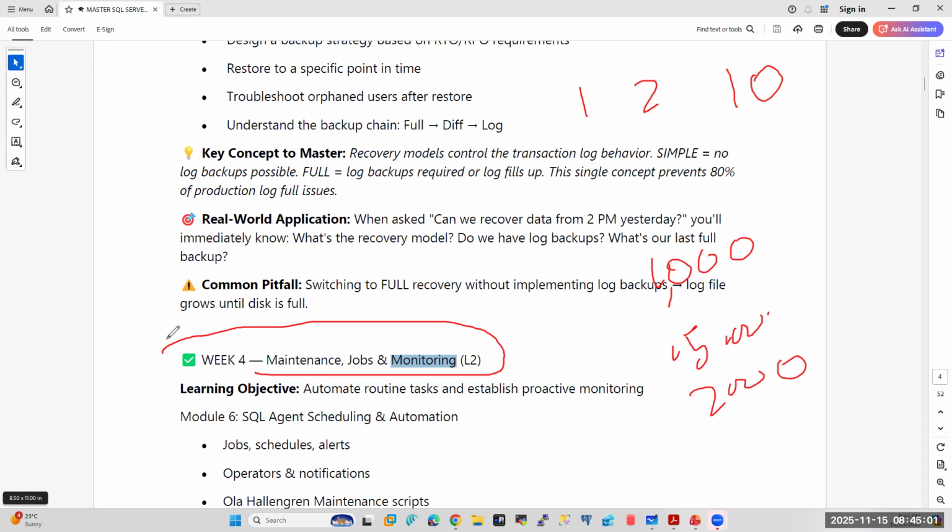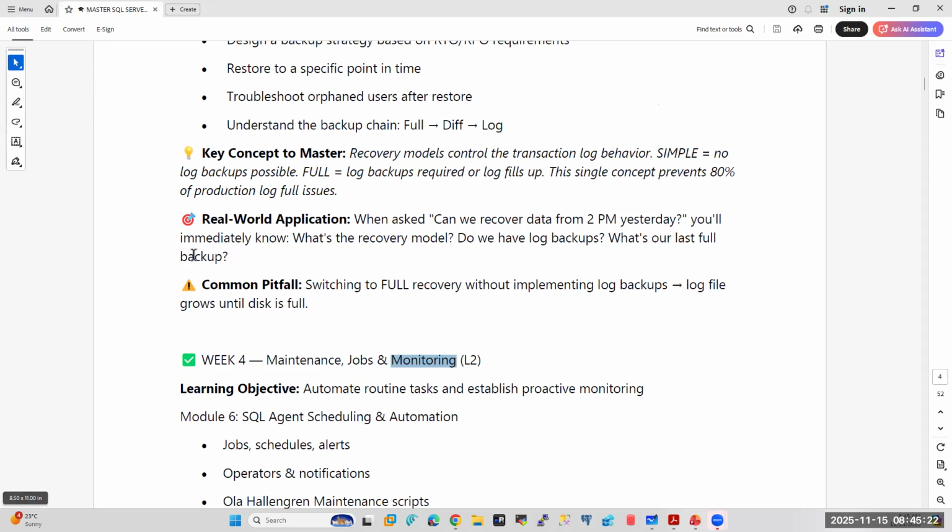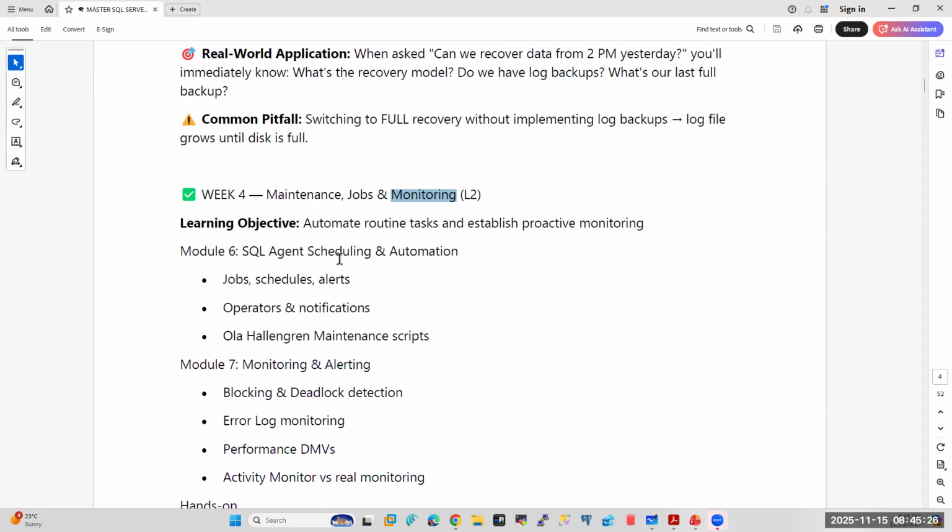Same thing here also, you will do some automation by creating the jobs, by setting some monitors, by setting some maintenance plans. Okay, where you need to maintain our SQL Server very smoothly. You will do automation kind of stuff. That is also very, very important, sir. As a DBA, automation is also one of the great activities, one of the very important activities.